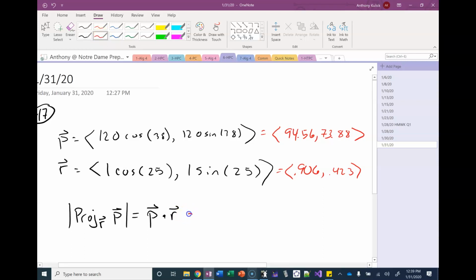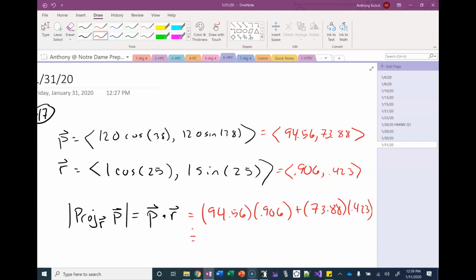So to do that, I'm just going to do the product of the x's plus the product of the y's. And when I do that, that'll give me the desired result, which was about 116.92 lbs.